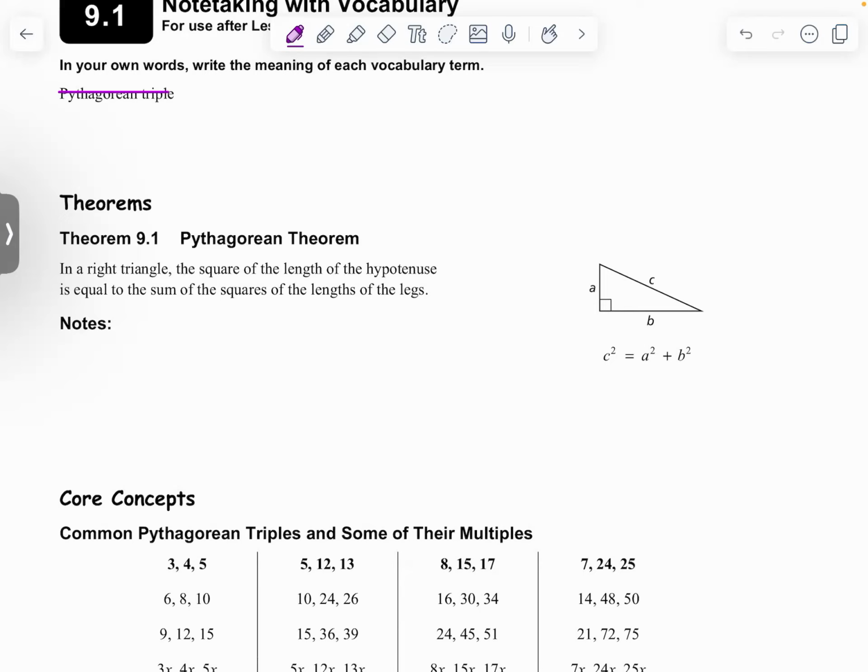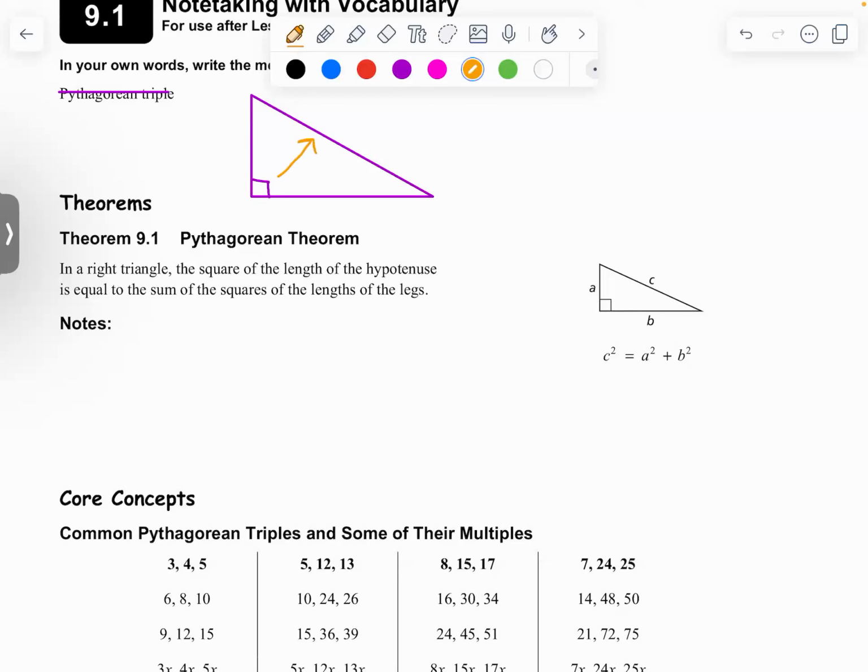Let's just remember that when we have a right triangle, what do we call that piece that is across from the right angle? The hypotenuse. This is called a leg, and this is called a leg.